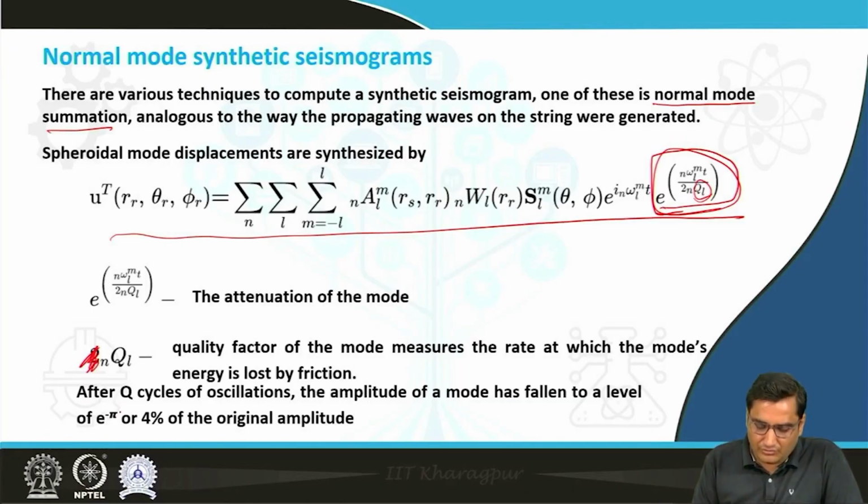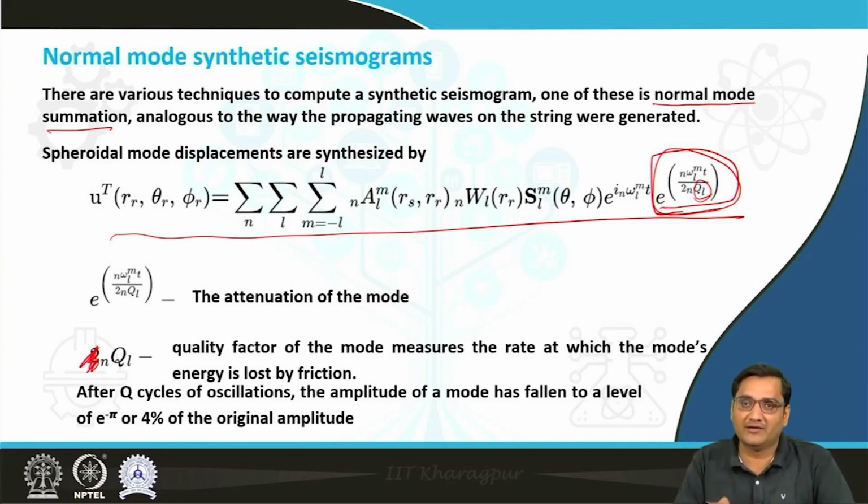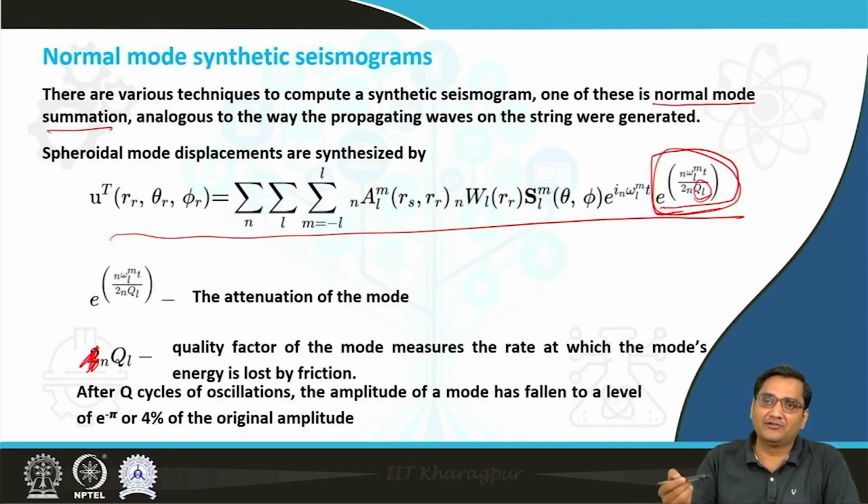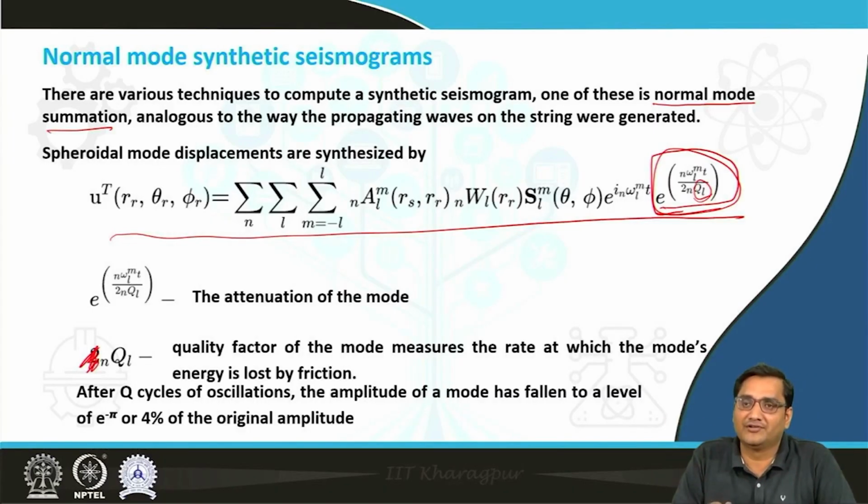Q cycles of oscillation means the amplitude of a mode has fallen to a level of 4% of the original amplitude. So when Q number of oscillations happen in the mode, the amplitude will decay to 4% of the original amplitude.